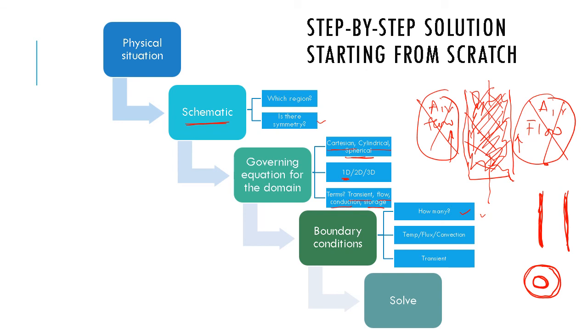Then the problem description should tell you whether it's temperature given, flux given, or convection. Those are the types of boundary conditions. And if it's a transient problem, then you also need an initial condition, meaning what temperature it starts from. We haven't done transient yet, but we will do it shortly.